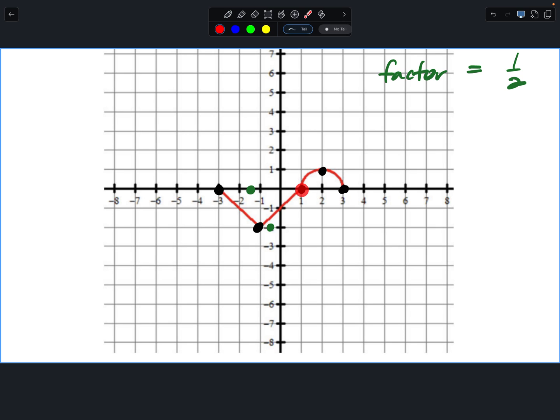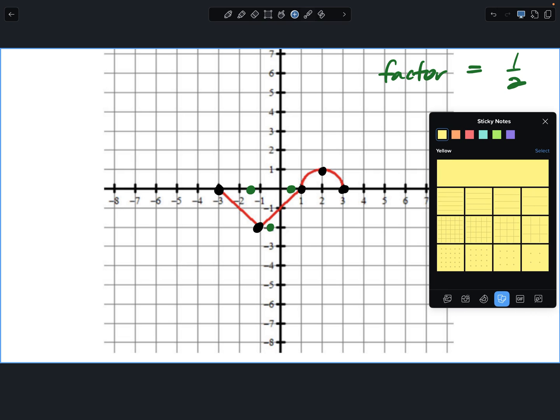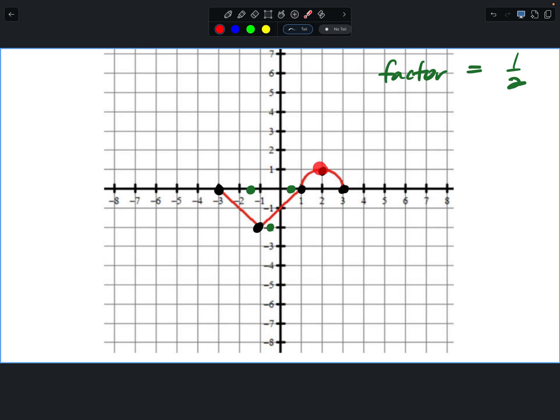This point right here is 1 away. So half of that is half. This point right here is 2 away. What's half of that? 1. And then the last point is going to be 1.5. Okay. So is everybody cool with that? So what I have in green is just the shrink.